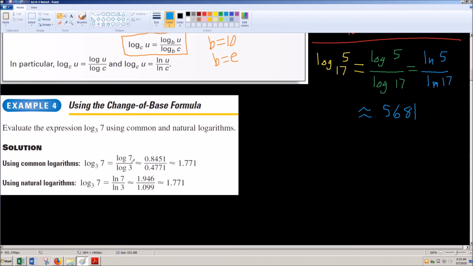It's because they're using different bases. But my change of base formula is going to do the same on both. So either I'm using log base 10, or log base e, aka natural log, and I'm going to get the same answer. Regardless of whichever route you choose to go, typically I'll just do natural log. I don't know why, I just do it. You can use log, it doesn't really matter.